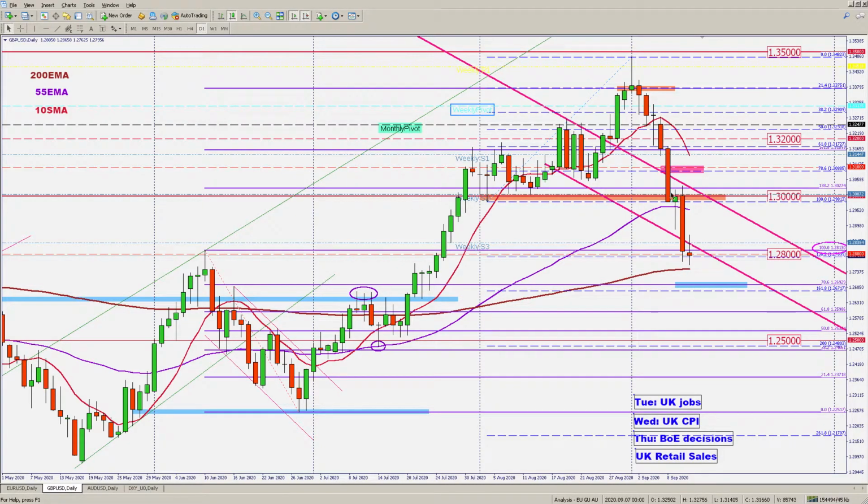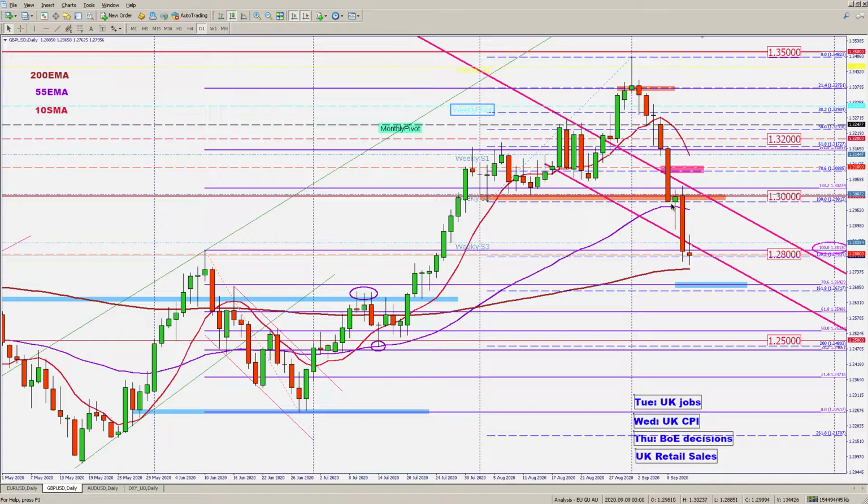Cable last week tumbled down due to the EU and UK Brexit trade talks, which are not moving forward. There's no progress, as it's still deadlocked, and the UK is employing certain tactics to try to change some of the conditions that they agreed on during the Brexit agreement.